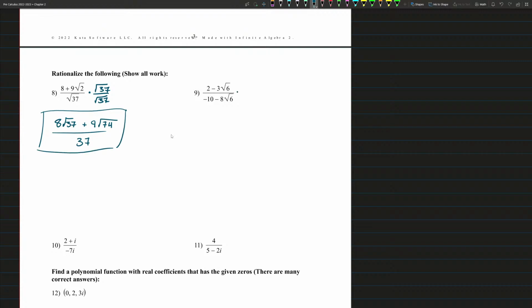For number 9, we have to multiply by the conjugate. So we have to multiply by -10 plus 8 rad 6 over -10 plus 8 rad 6.